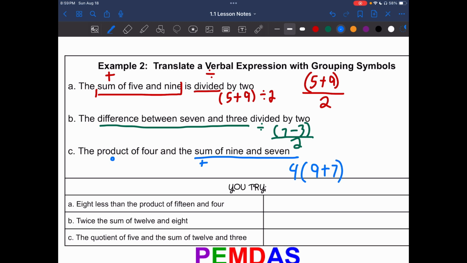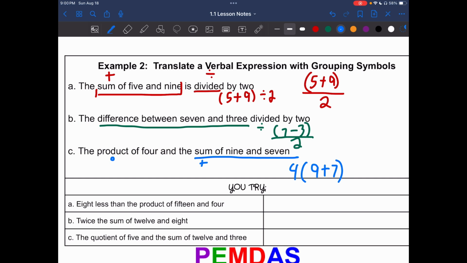Now, you'll notice that I did not put a multiplication symbol in between 4 and the parentheses. That's because for this kind of problem, you don't need that multiplication symbol there. A number against a parentheses or any type of grouping symbols, mathematically, we are implying that there is multiplication happening there without having to write it. So we don't need it.